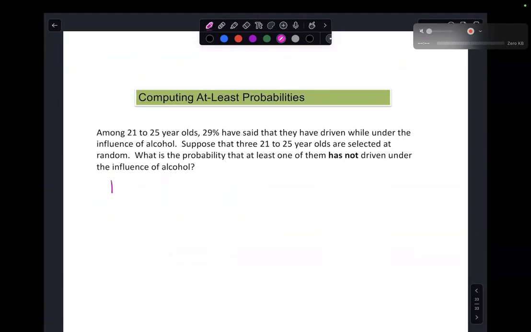So what I'm looking for, at least three have not. I try to simplify my writing a little bit. Have not DUI'd. So at least, wait, sorry, at least one has not DUI'd.